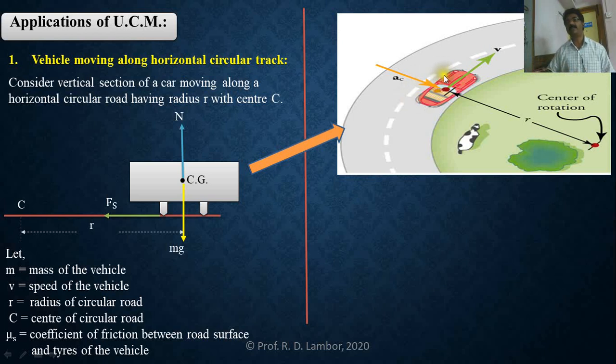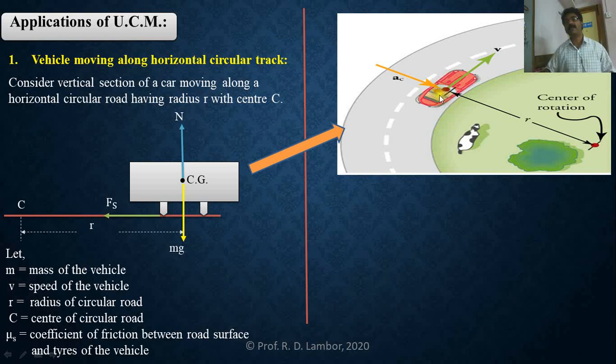That time this vehicle is moving towards the right, so it is performing circular motion. As we know, for any circular motion, which force is required? Of course, it is the centripetal force. What is the direction? Along the radius towards the center of the circle.